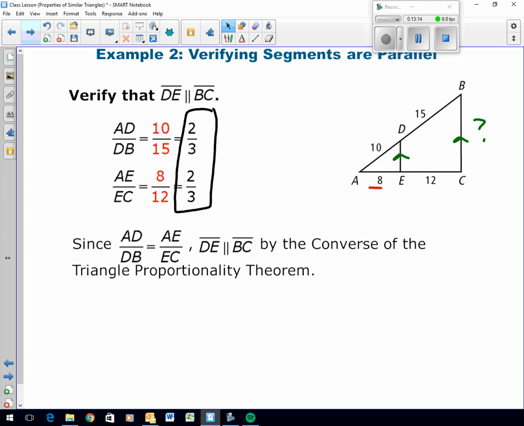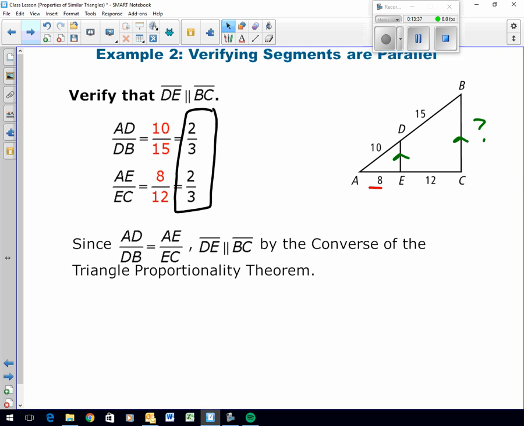I verify that they're proportional by making sure they have the same ratio. Only after I do that can I determine if they're proportional. And if they're proportional, then they're parallel. Can't miss the steps. Can't say, oh yeah, the ratio's the same, and so yes.